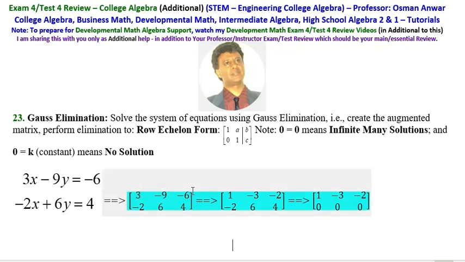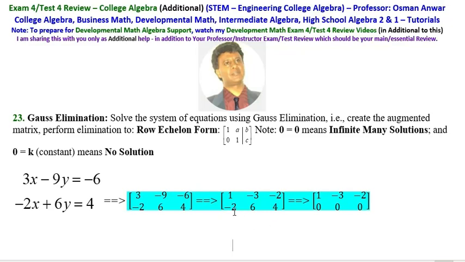If you divide row number 1 by 3 and keep row number 2 as it is, then 3 divided by 3 is 1, minus 9 divided by 3 is minus 3, minus 6 divided by 3 is minus 2. And keep row number 2 as it is, minus 2, 6, 4.